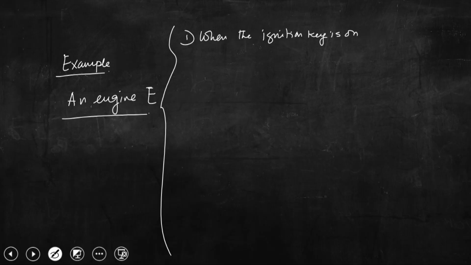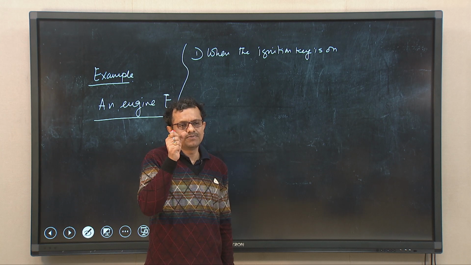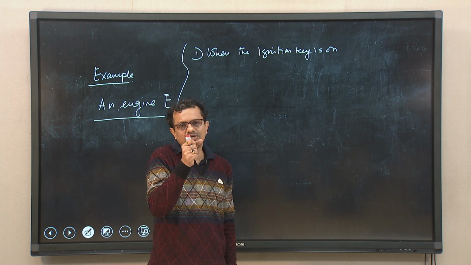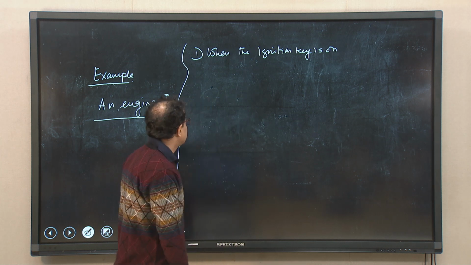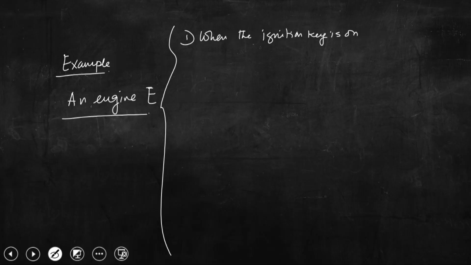So, essentially if you switch on the switch in your two wheeler, you are essentially turning on the ignition key. So, when the ignition key is on, the mode control logic, that is MCL.